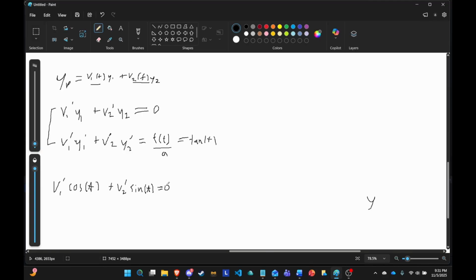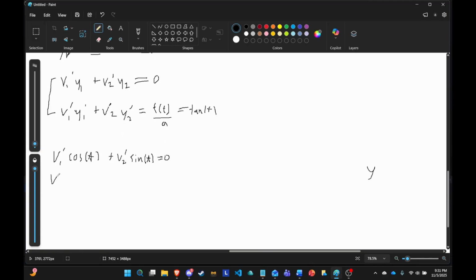That's going to be equal to 0. Then v1 prime, and y1 prime is negative sine of t, plus v2 prime times y2 prime, which is cosine of t. That equals tangent of t.